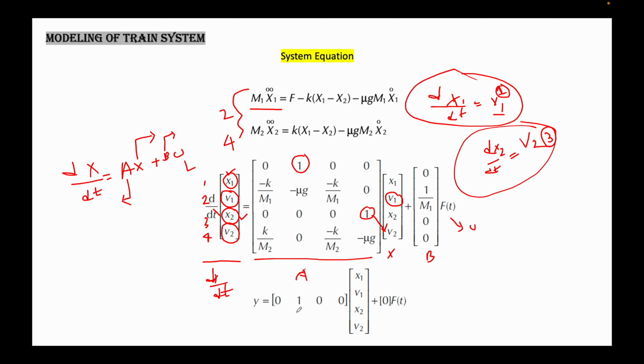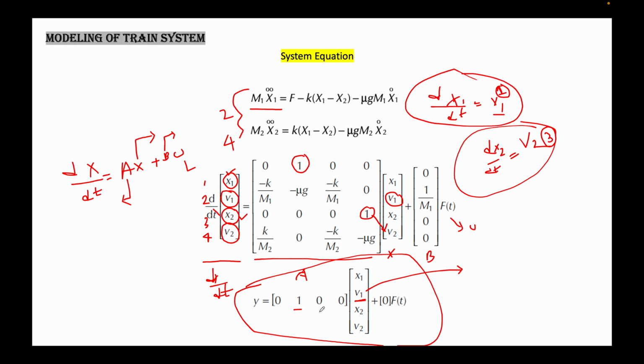The below one represents what are the things that you want to have as output. So here the below equation represents that we want to measure only the velocity of the first block.